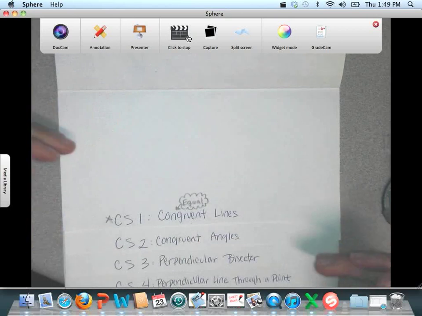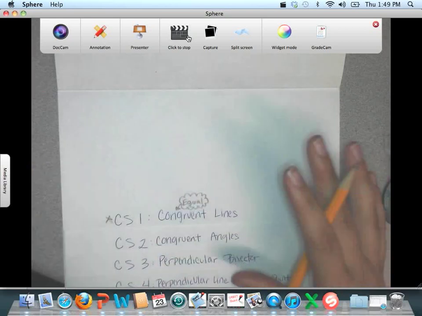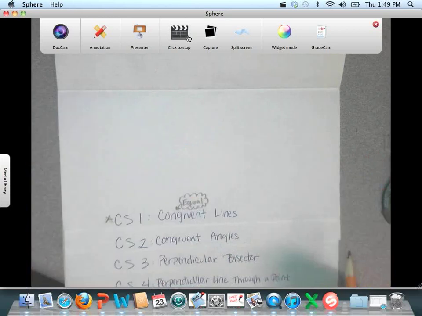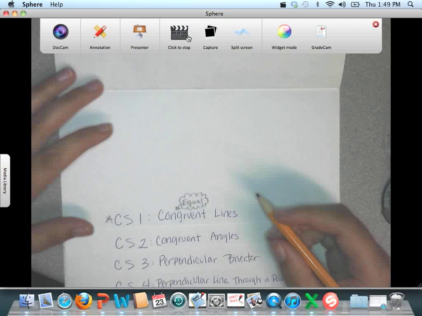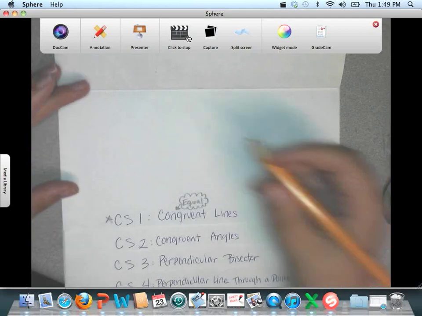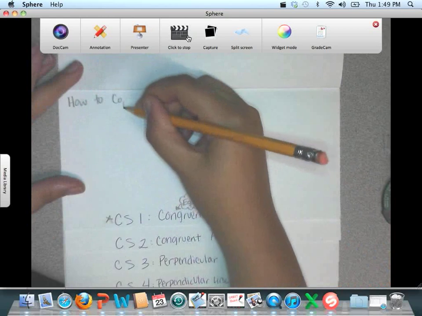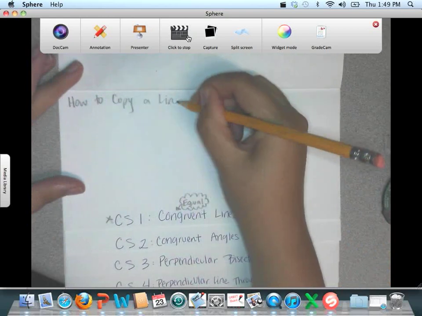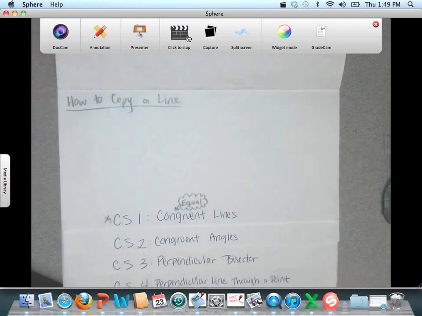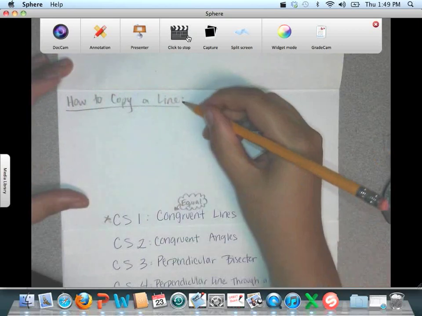These two lines are congruent instead of these two lines are equal, right? Because numbers are equal, but shapes are congruent. I'll talk about that word a lot, but today you're learning how to make equal lines. Or another way to put it, this is how to copy a line. So that's what you're learning today, how to copy the line.